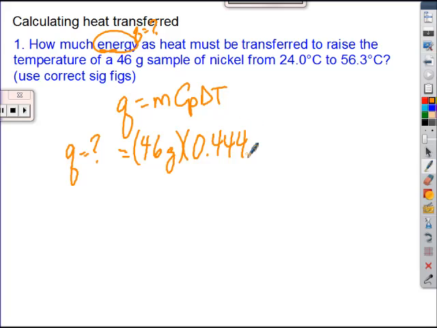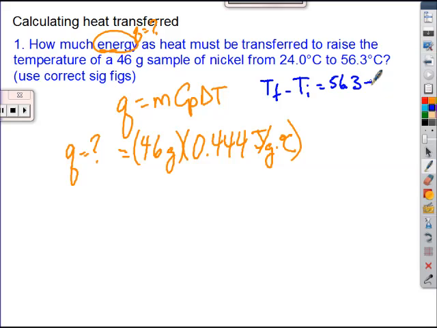Okay, now again, my units are kind of strange. Joules per gram, degrees Celsius. And then when I'm looking at temperature change, my temperature change I said was T final minus T initial. My final temperature is the one I end with. What is the temperature that I end at? 56.3.